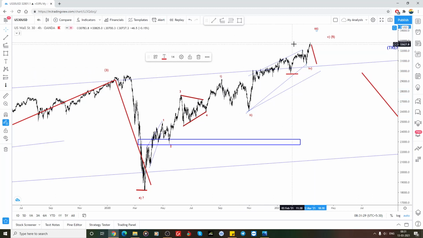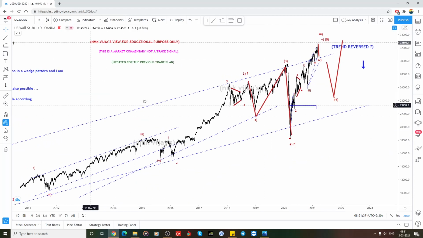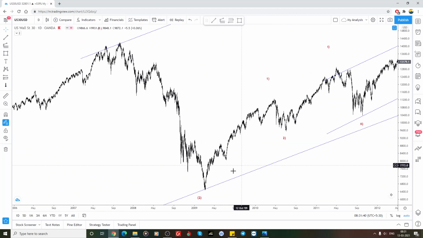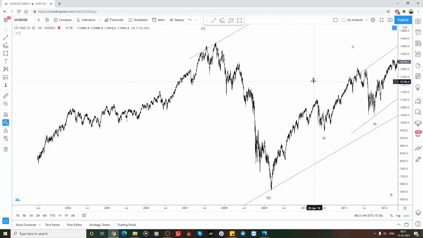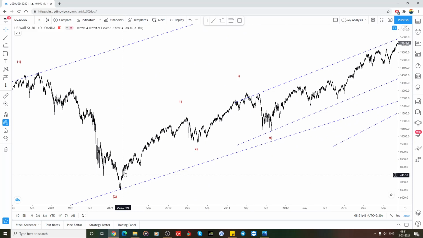So that will be another 1 2 3 4 5, and like that it can keep going on in the bullish scenario. And here also it did the same, right? 1 2 3 4 5 here. After that, once that five-wave structure got over, again the second wave, third wave, fourth wave, and everything together, it's a wave 1.